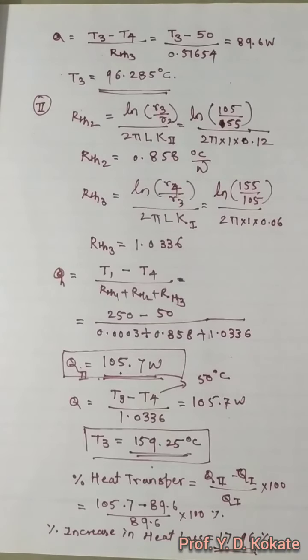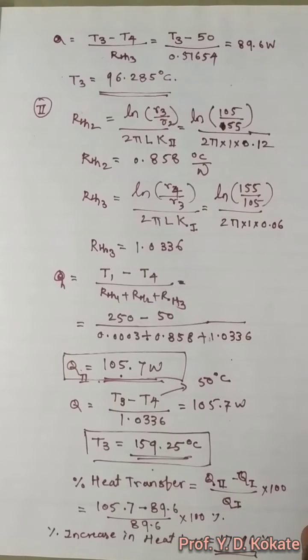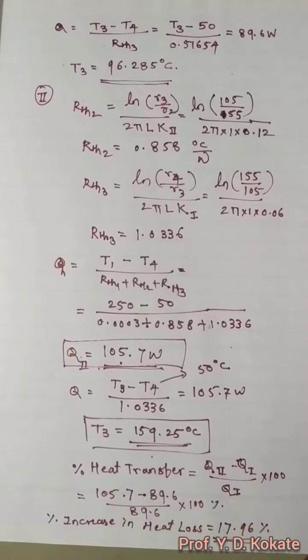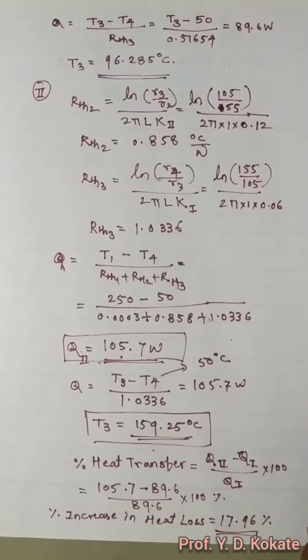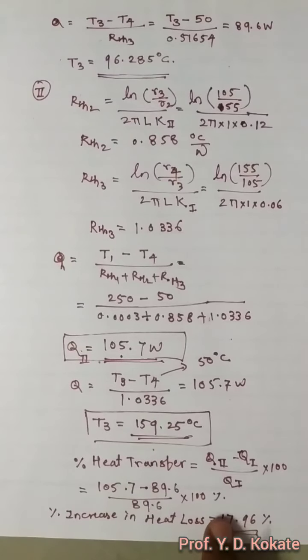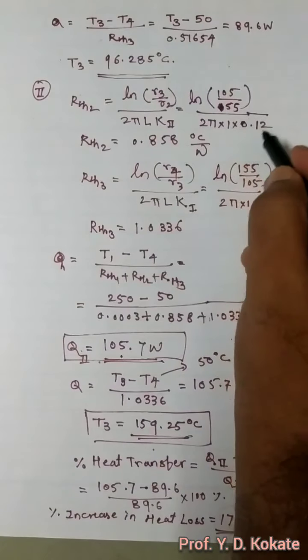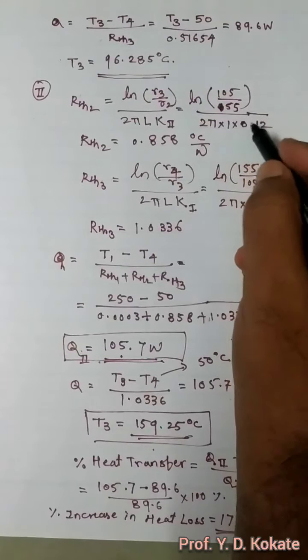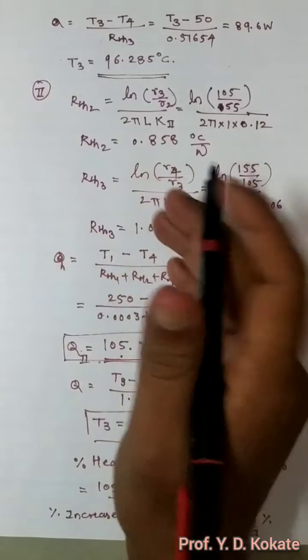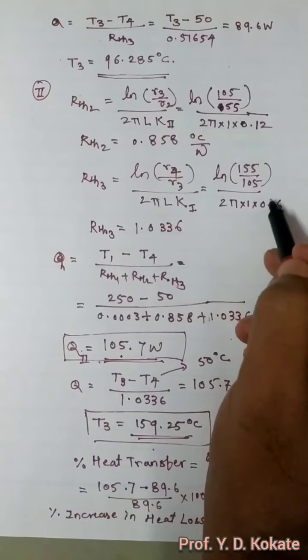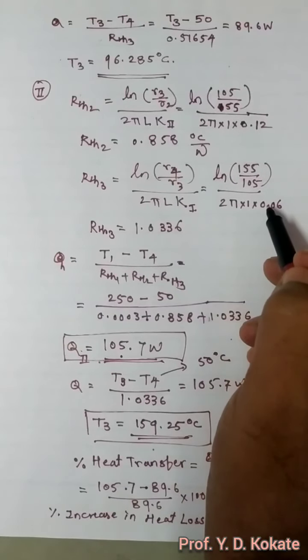So this much heat loss will increase if you put the 0.12 thermal conductivity material, which has more thermal conductivity, first next to the pipe, and then the low thermal conductivity material on the outer side.